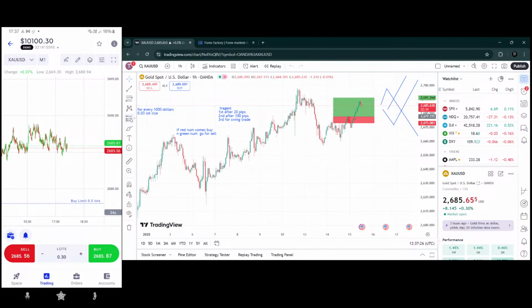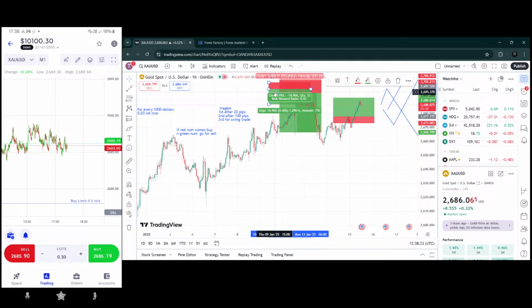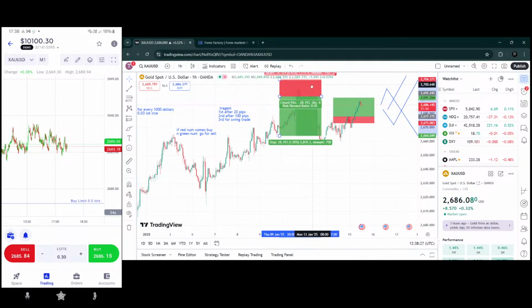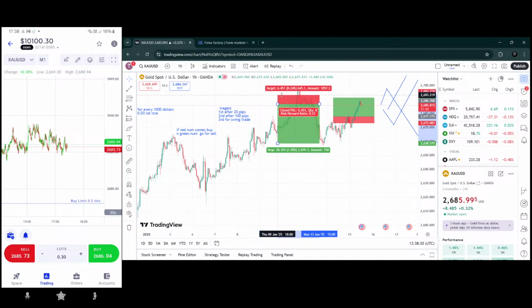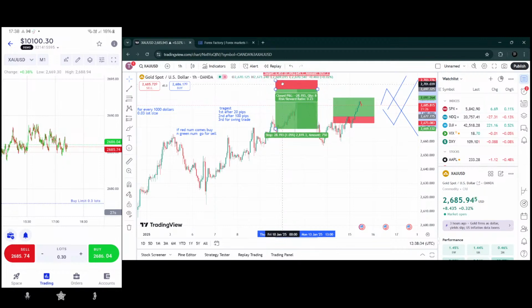So I'll put here for the sell side. So for the sell side, I'm putting on 2700.